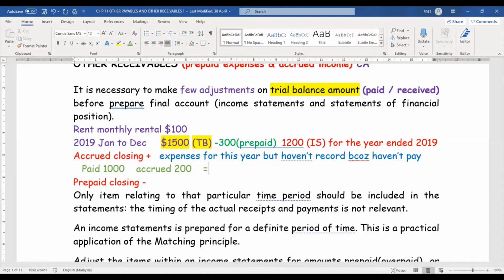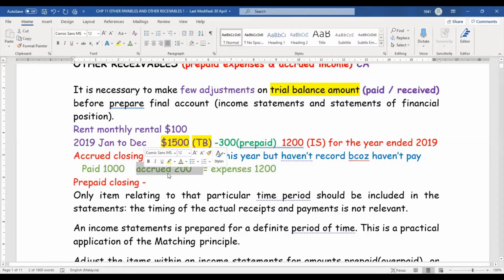So my total expense for this year is 1,200. I plus this accrued 200 because it is for this year's expenses, which haven't been paid. My record in the trial balance shows only 1,000 expenses, so I need to plus another 200 before I prepare my income statement, which is the final account.